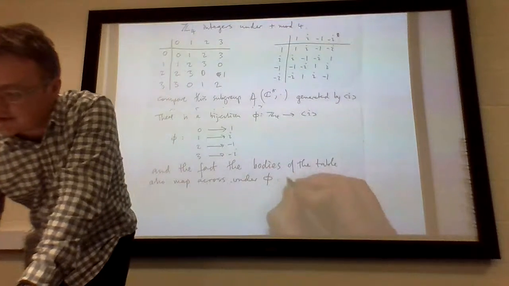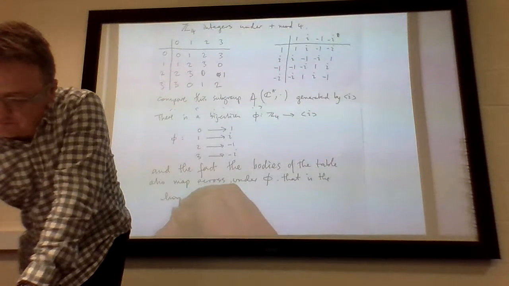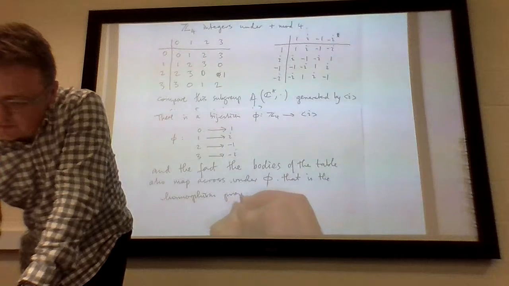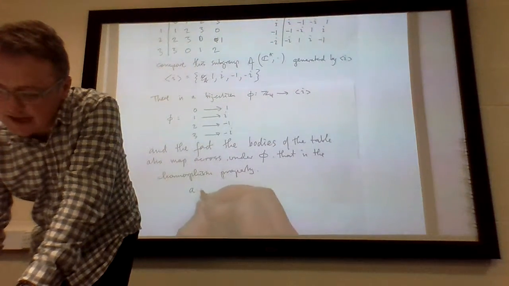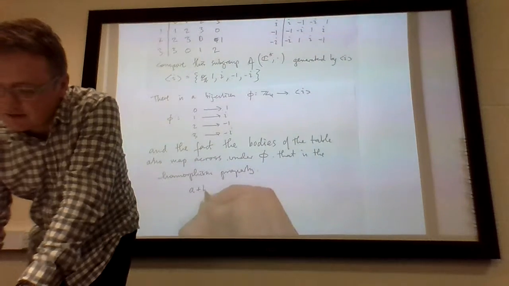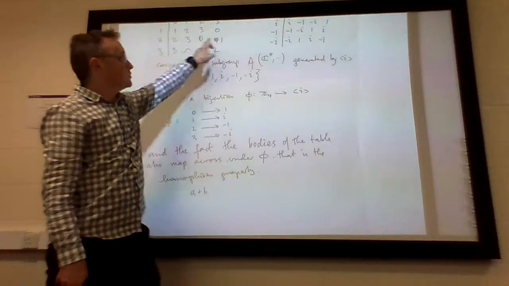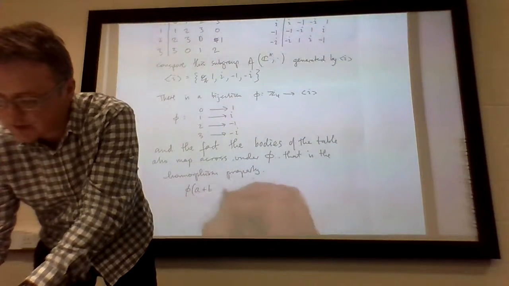That is, in effect, the homomorphism property. Because what you're seeing in the body of a table over here is a plus b, but what's in the body of the table over here is phi of a plus b.